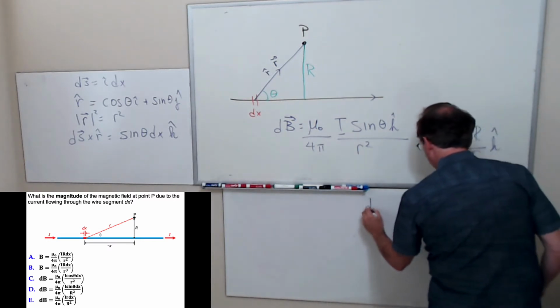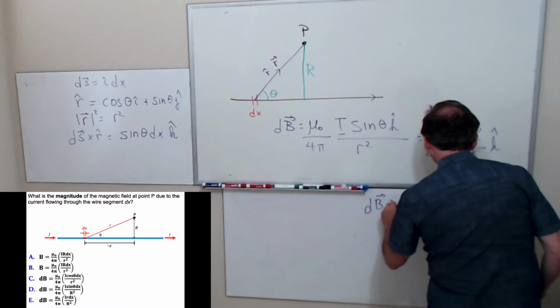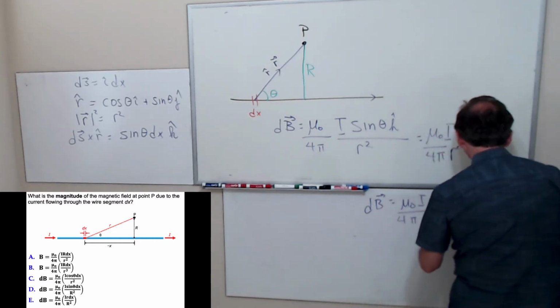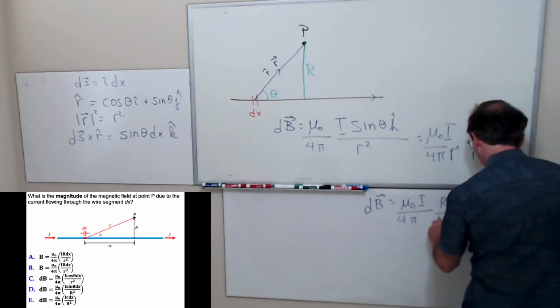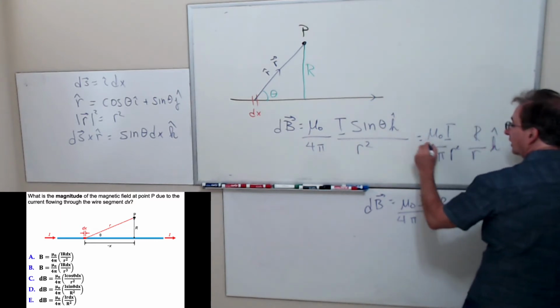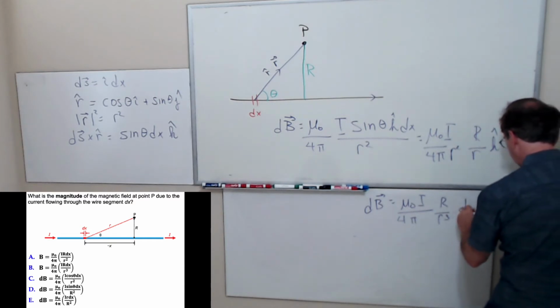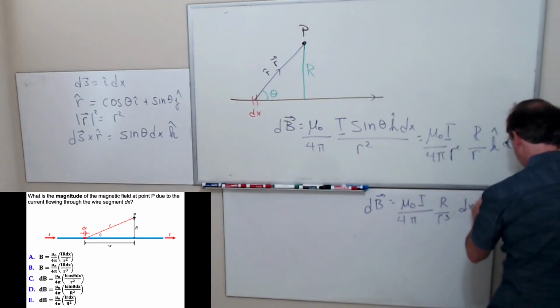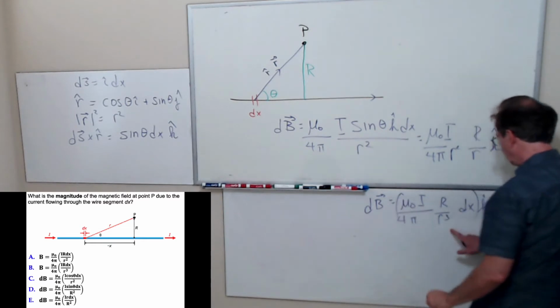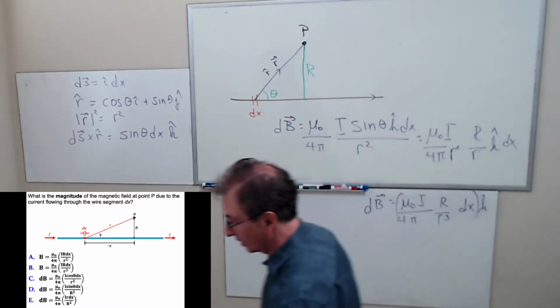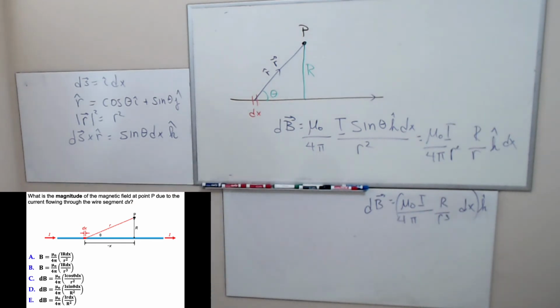And so dB is mu naught I over 4 pi times R over r cubed, and I forgot my dx, didn't I? So that's the magnitude of dB. This term in brackets is the magnitude of dB. So the answer to that one was B.